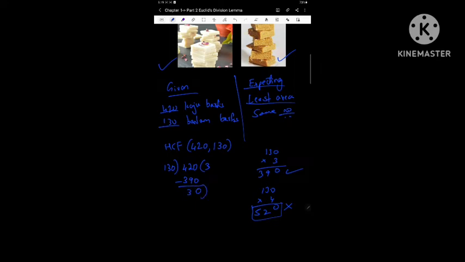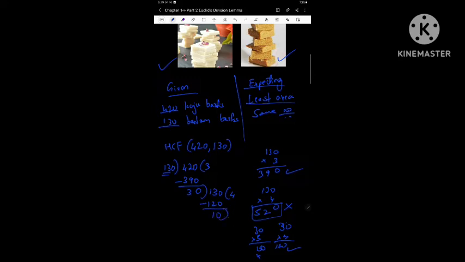Next, this remainder becomes the divisor for the next step, and the divisor becomes the dividend. 30 4s 120, 30 5s 150. This is not considered, 4s 120 is considered. The remainder is 10, which is not equal to 0.